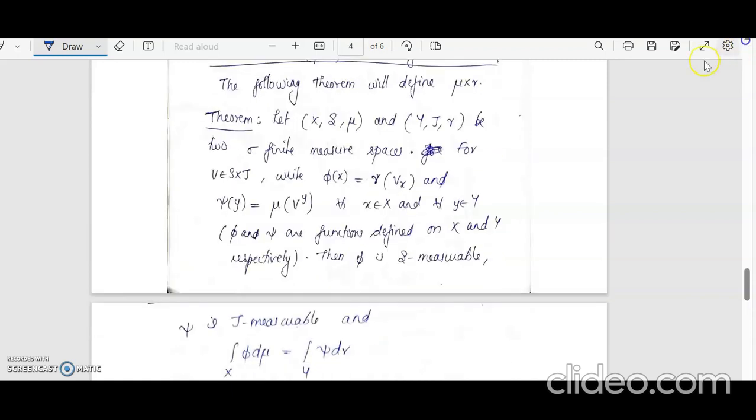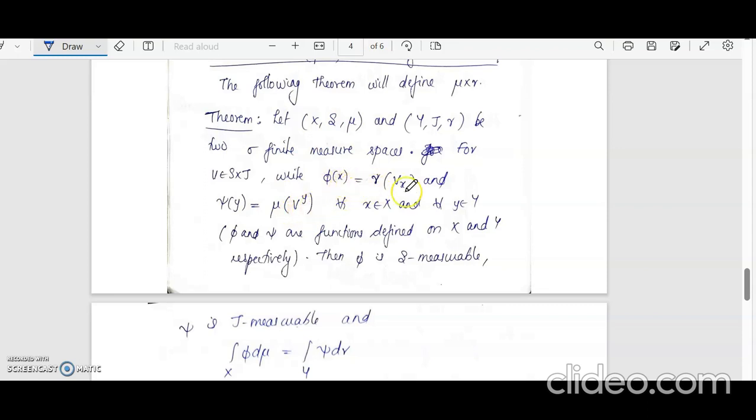As we have seen, V_x will be a set defined on the space Y, and the corresponding measure on Y is r. So phi of x is defined as r of V_x. Similarly V^y is a set on the space X, and the measure on X is mu. So psi of y is defined as mu of V^y.